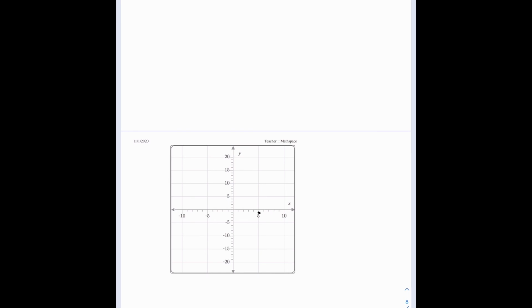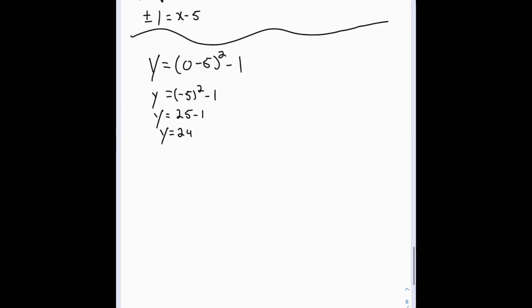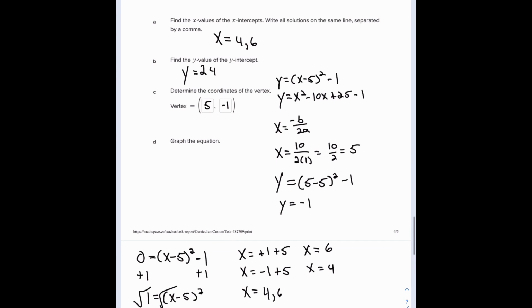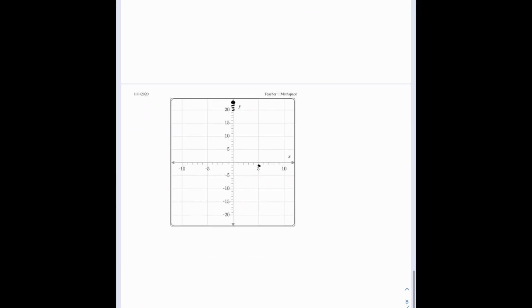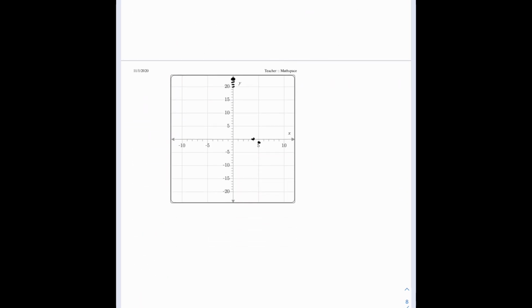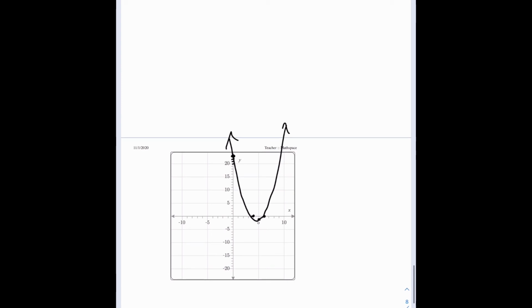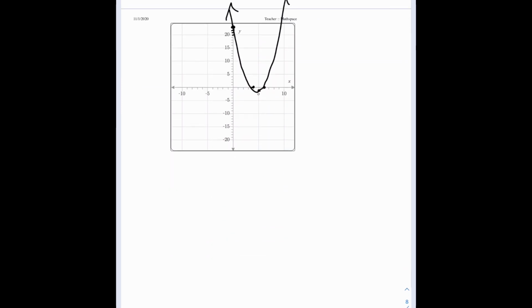So we just imagine we go 1, 2, 3, 4. So we'll call this our y-intercept right here. And then now our x-intercepts are at 4 and at 6. So here's 4, here's 6, and then we can sketch our parabola, and that is the answer to number 6, and thus ends our remediation.